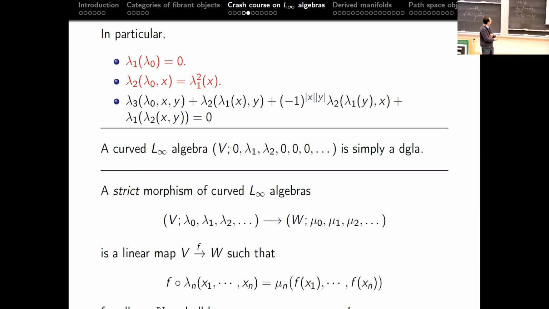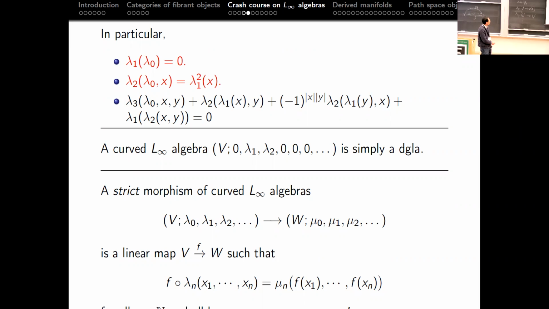And this is the graded Jacobi identity up to homotopy given by lambda 3. If lambda 0 equals 0, lambda 2 is a bracket and lambda 1 is a differential compatible with the bracket. So a curved L-infinity algebra with lambda 0 equal to 0 is just a DGLA. That's a special case.